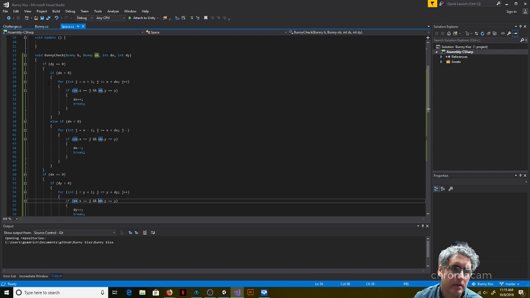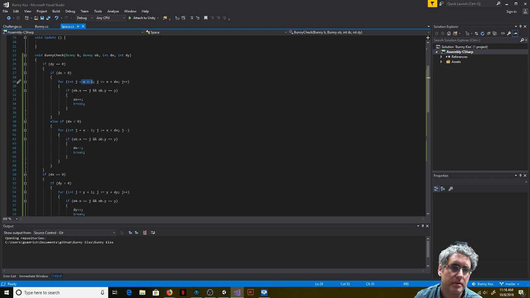Well, why do you think there's somebody there when there's not? So if delta x is 1, and this is going to check x plus 1 less than or equal to x plus 1, that's going to check it.